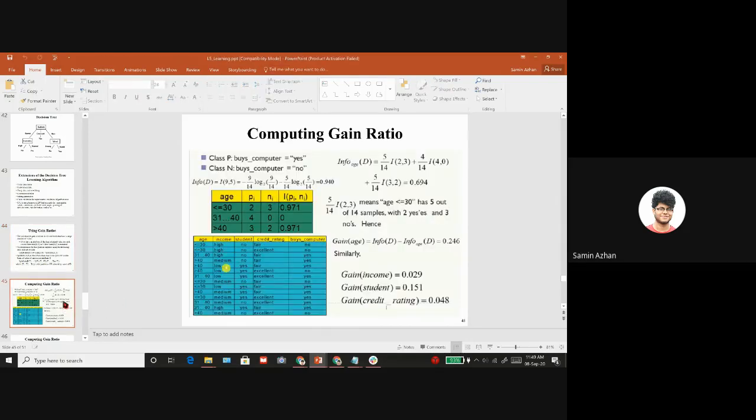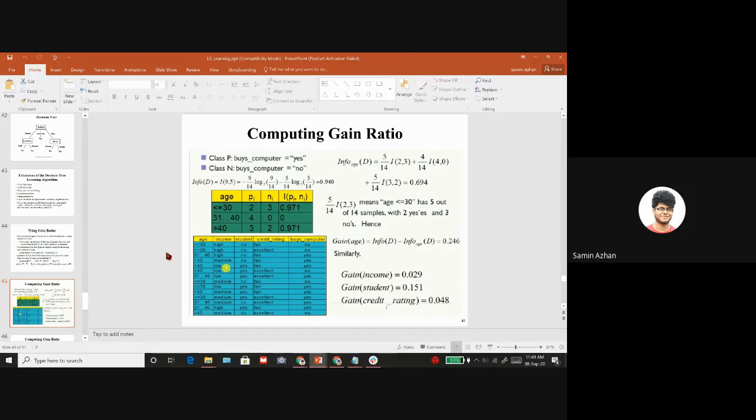In the next slide, there's an example given of how we can calculate these things. This time, the table says that there are four attributes called age, income, student, and credit rating. And our decision is buys computer, yes or no. That's the decision.